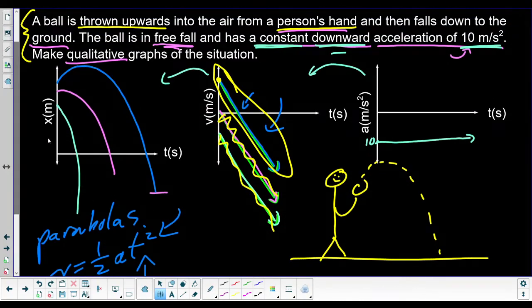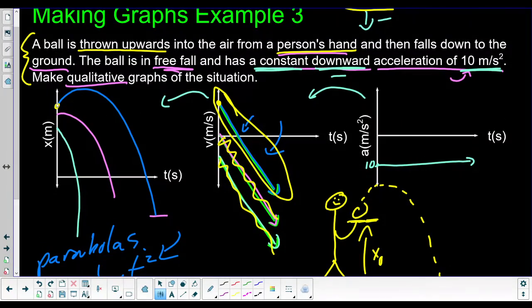So it'll have some initial position above the ground because we're starting at a positive displacement. X initial is this height. Then it goes up because it's being thrown upwards, right? So it's going to go up, up, up. That's the top of the arc right there. And then it's going to fall down.